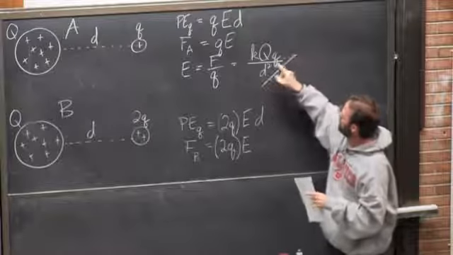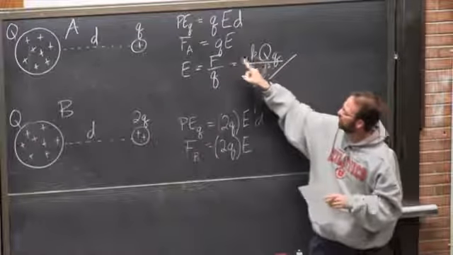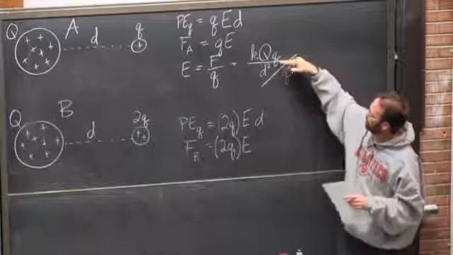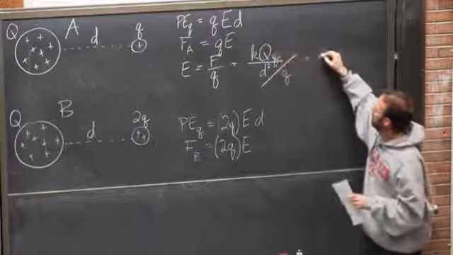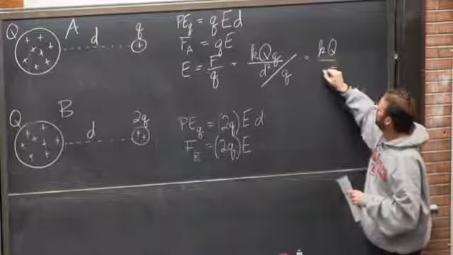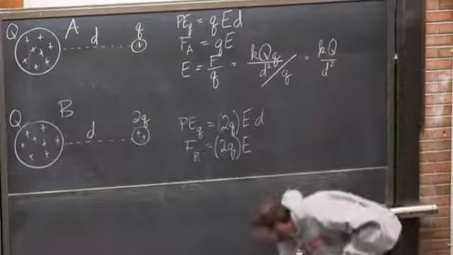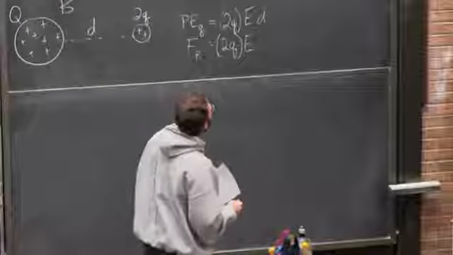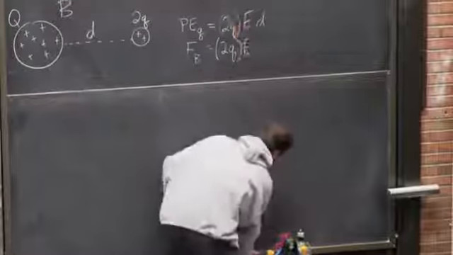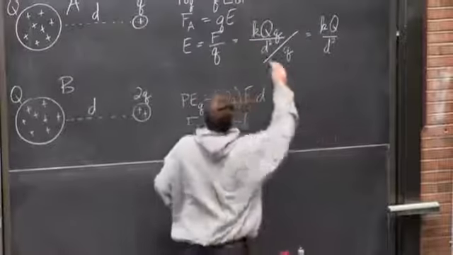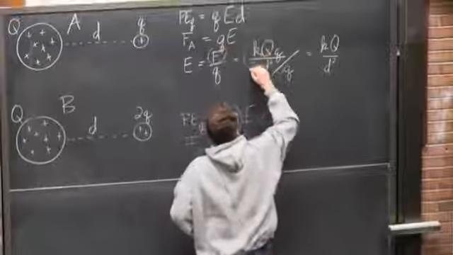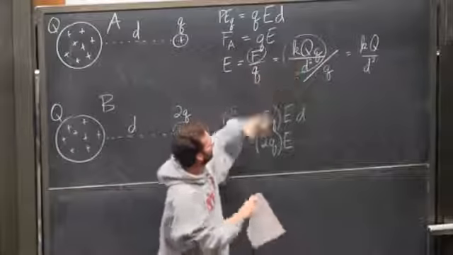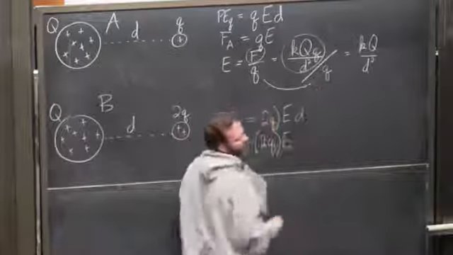And all of that, because that's the F, is over q. So the q's end up canceling, and you're left with k, big Q over d squared. It's over q because this is F, so we still have to keep that guy.